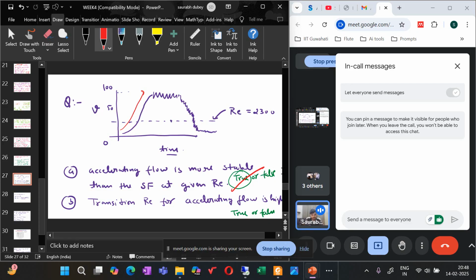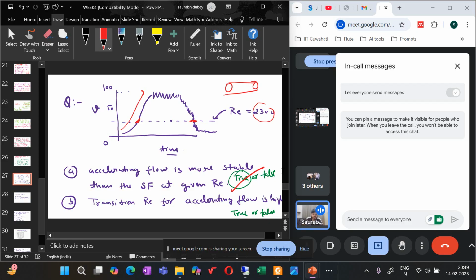So this line at 2300, you remember, if the pipe is there and flow is happening at this particular Reynolds number, you are having velocity. For accelerating and decelerating flow, velocity is increasing or decreasing. For this particular condition, this is the stability condition, right?